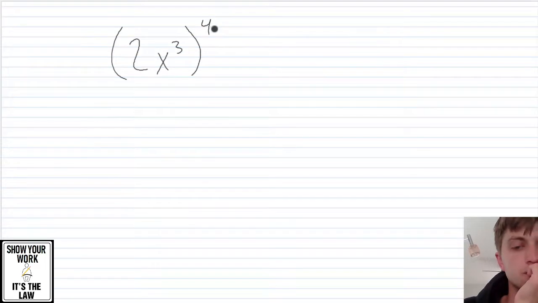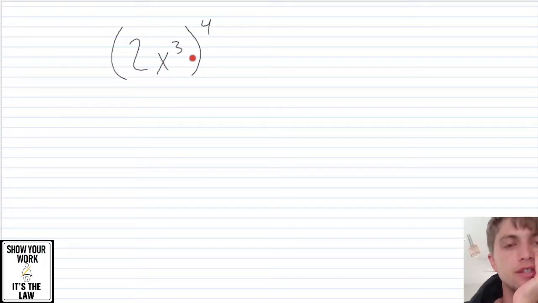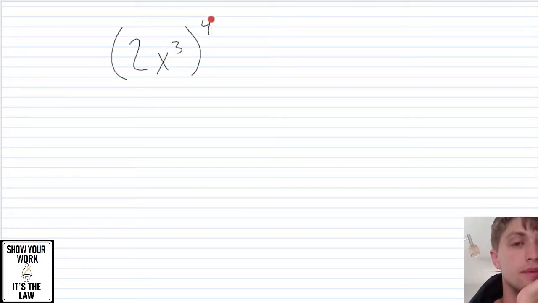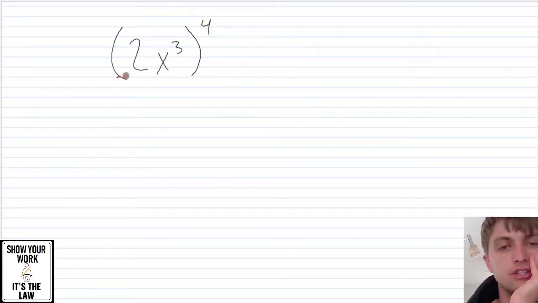Okay. Now let's take one more look. Let's say we have 2 times x to the power of 3, all of this raised to the power of 4. Now, you might just think, oh, I just need to add exponents again. But no. Remember, when we have an exponent, we treat this as a base. We say this multiplied by itself 4 times. So that's what we're going to do.